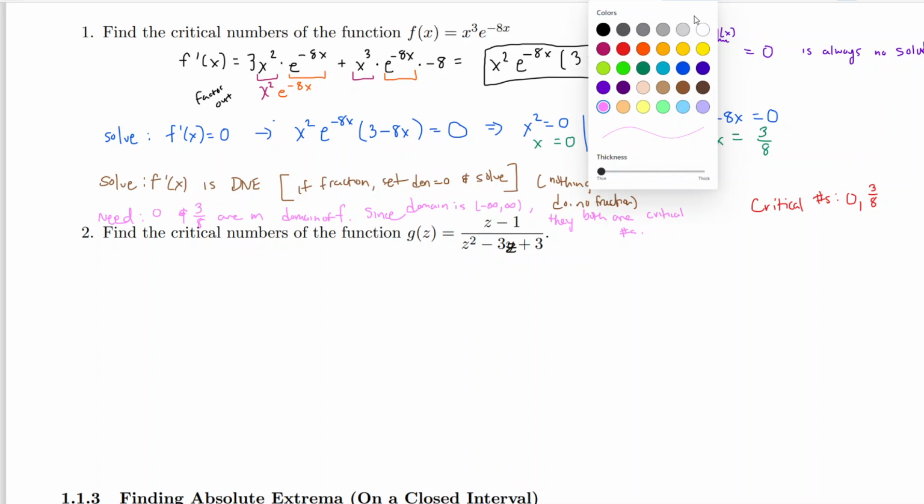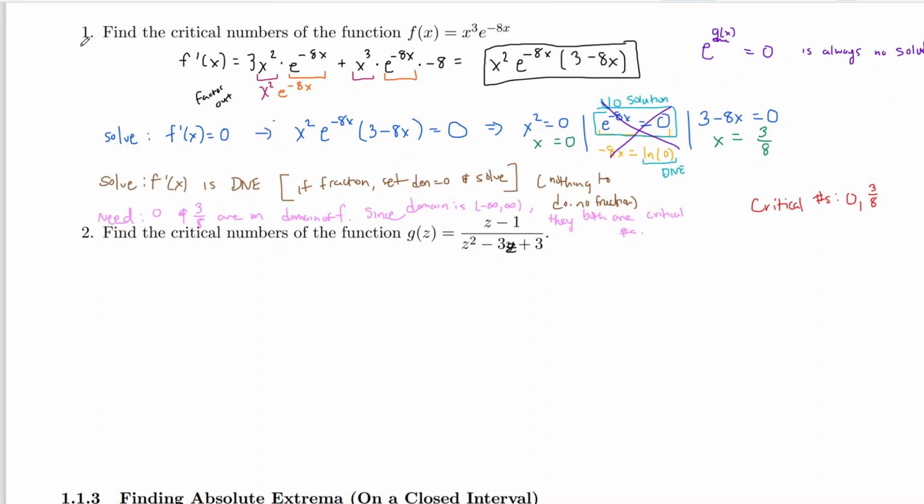All right, and I'll just go ahead and write down what I said on the side here to check the domain since it's been a while. Remember that the domain of the natural log of x has the condition that x has to be greater than 0. So if you have a natural log anywhere in your function, you have to solve where x is greater than 0.